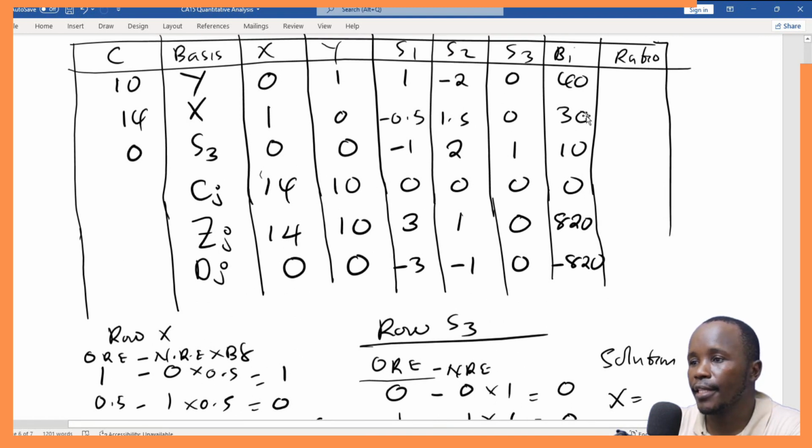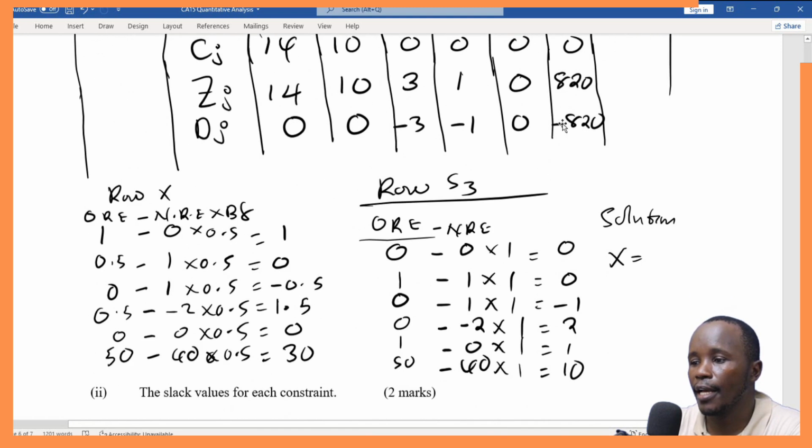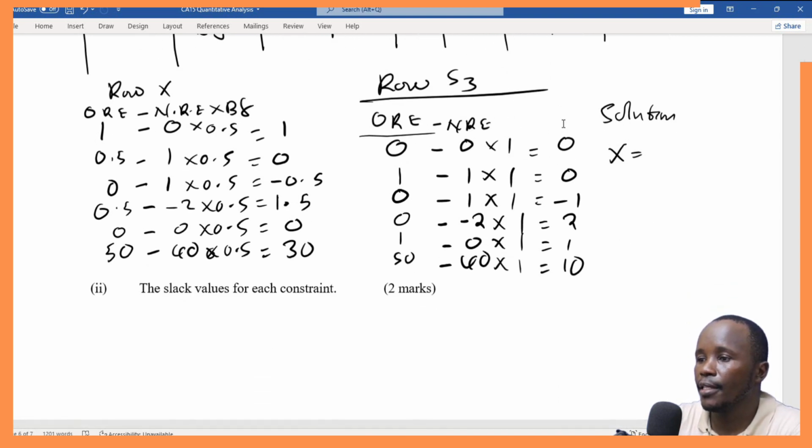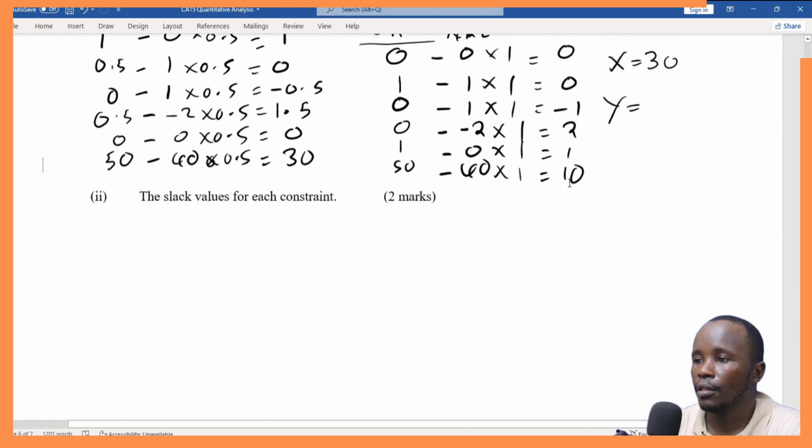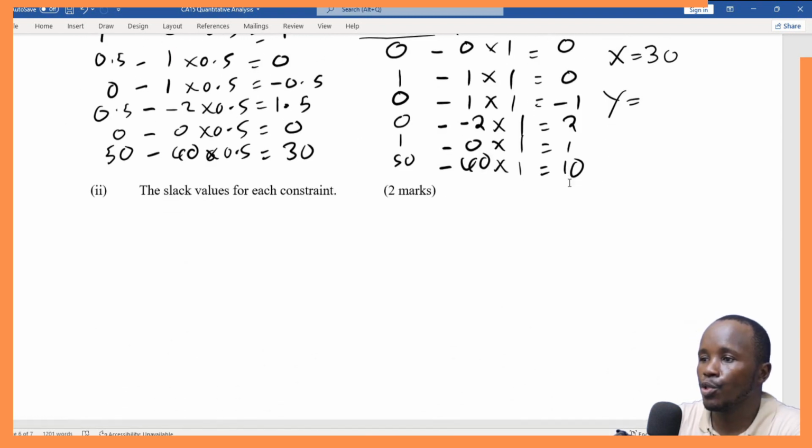Your x here is 30. Value for x is 30. So you come here and write this is 30. What is the solution for y? You come here and find that your y is 40. Correct. That's what you are supposed to look for.